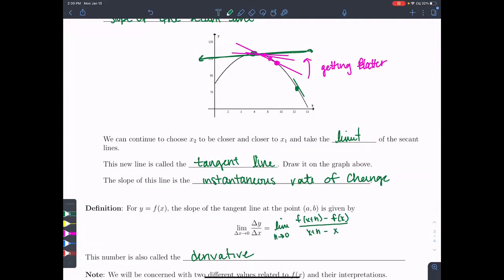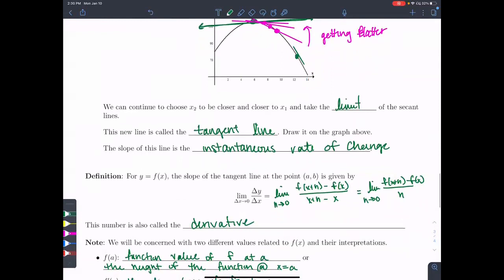So this looks a lot like what we were just doing with the average rate of change. It's just that here you're looking at x2 getting closer and closer to x, so h is getting closer to 0. If you actually do this, simplifying the bottom, the limit as h goes to 0 of f of x plus h minus f of x, all over just h, because the x's cancel out.